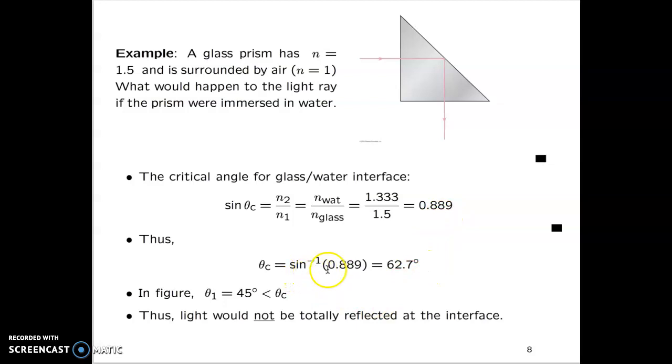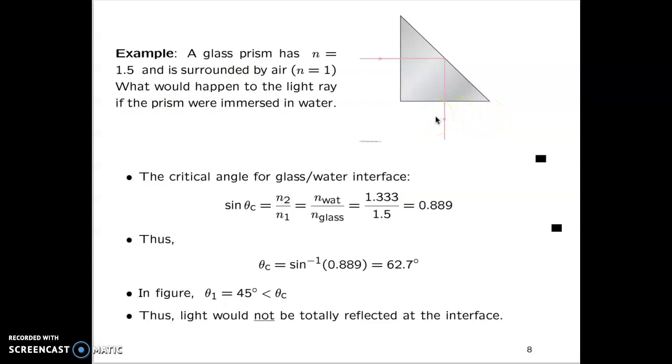Okay, take the inverse sine of that, and we get 62.7 degrees. And the question is, what can we expect? We've calculated this critical angle. If we repeat this experiment, this demonstration, whatever you want to call it, what are we going to see in the case where we have water surrounding the prism and not air?